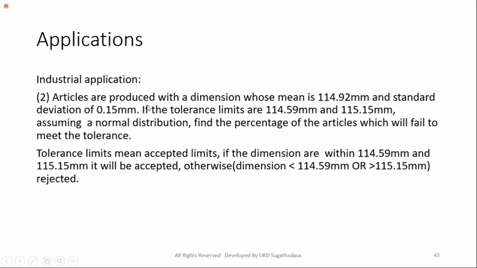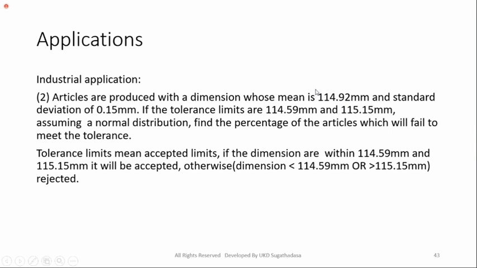The article name is not given, maybe a bearing, maybe a bolt or nut or whatever. Manufactured by automated machines, articles are produced with a dimension. The dimension may be the length, diameter, height, or width, whose mean is given as 114.92 millimeters.